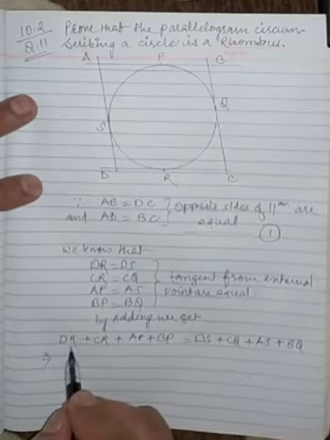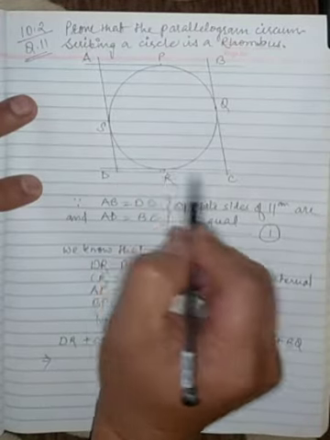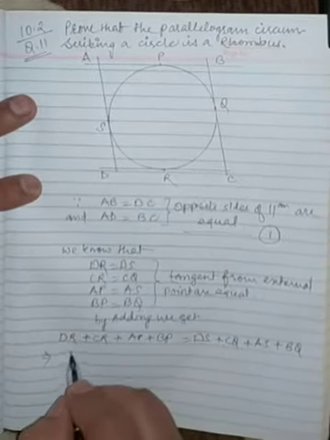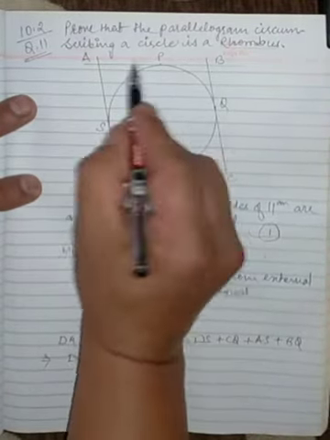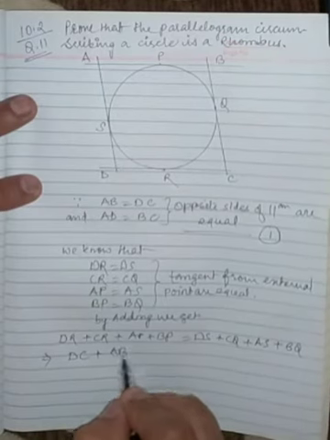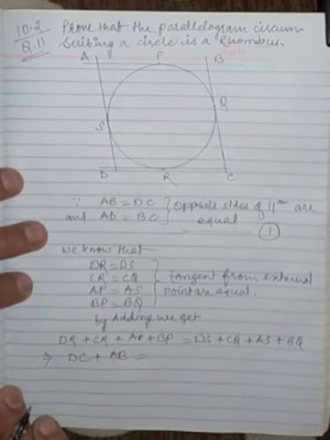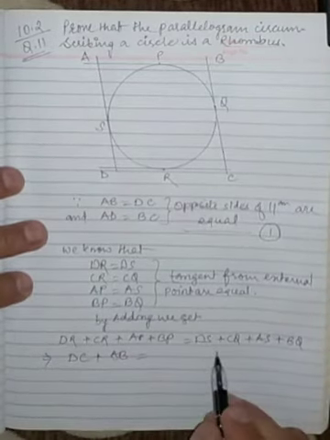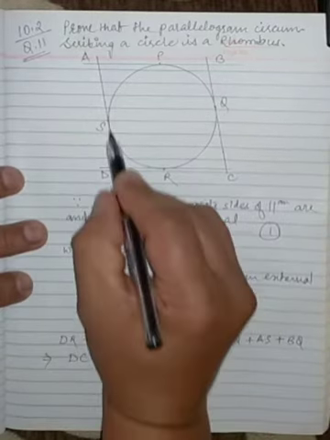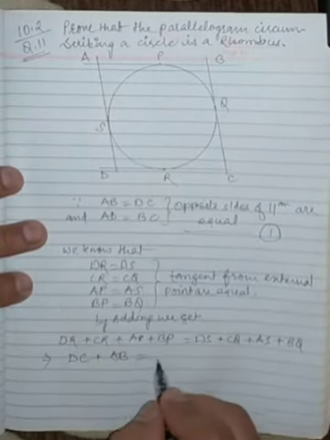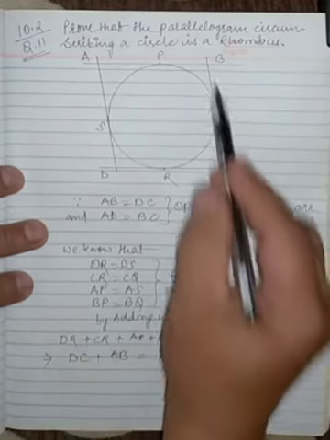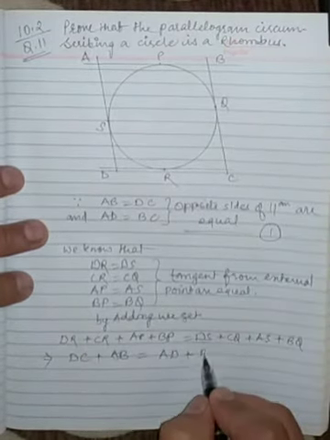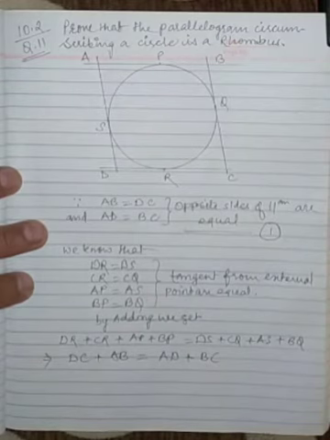Now here DR plus CR becomes DC, plus AP plus BP becomes AB, is equal to DS plus AS becomes AD, plus BQ plus CQ becomes BC.